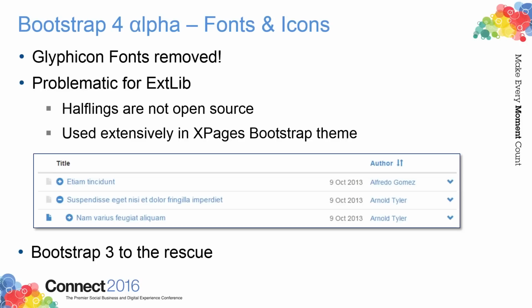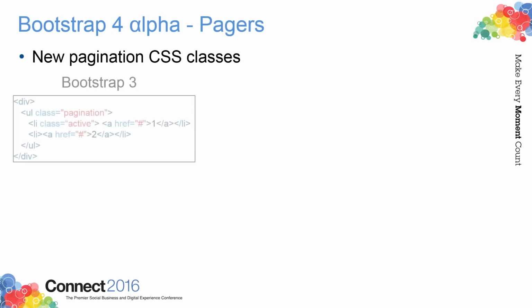We would just pull the glyph icons from the Bootstrap 3 plugin into the Bootstrap 4 one. So we'll be able to continue using those going forward, which has saved us a lot of trouble. In the long run, we may need to replace glyph icons at some point in the future, but for now, we'll be continuing to use them. So we'll cross that bridge when we come to it.